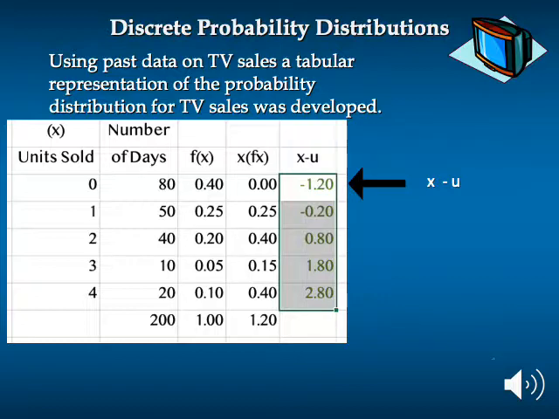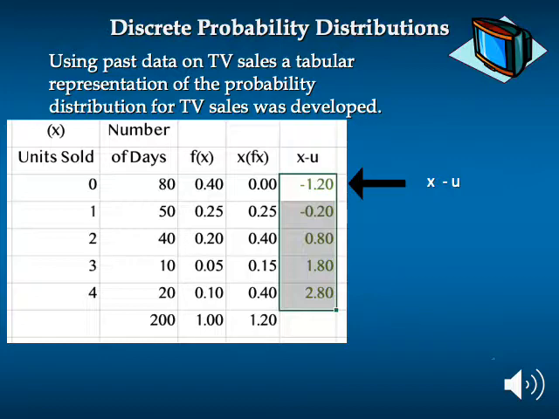The next column, when we're solving this problem, is x minus μ. X we know is 0, and μ we just developed is 1.20. So 0 minus 1.2, that's where we get our negative 1.2. 1 minus 1.2 gives us negative 0.20, and so on down the whole list.